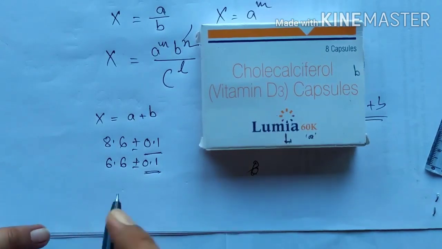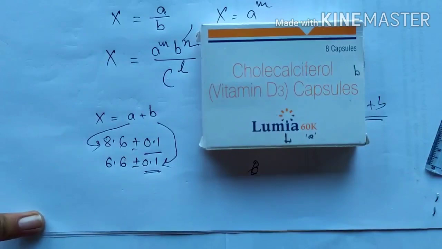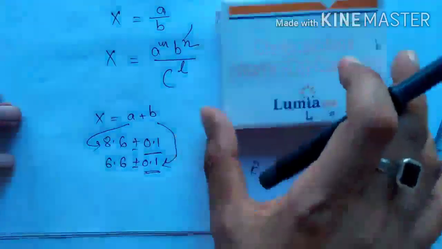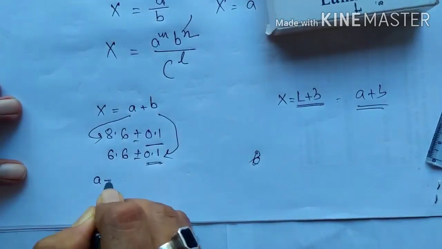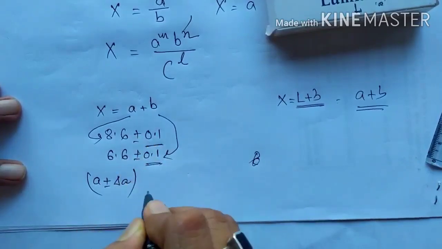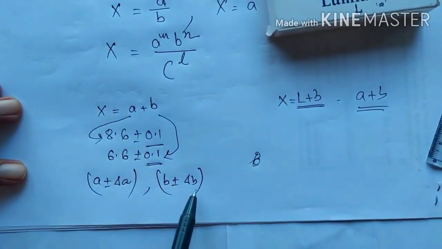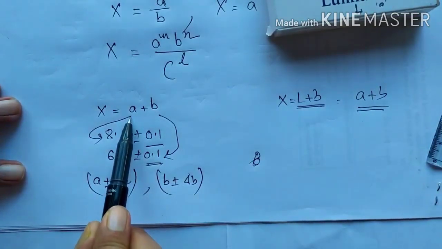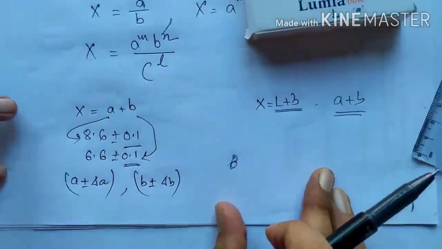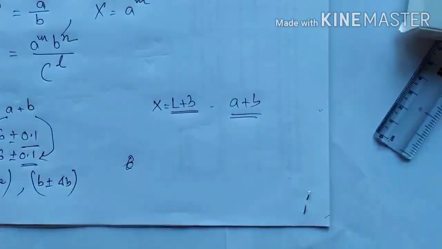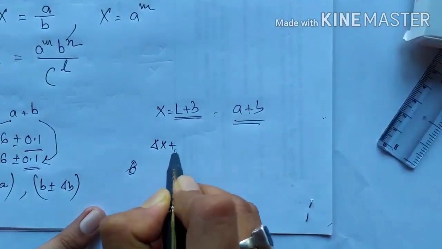So I think I can write the quantity. I can say that A is nothing but this one, B is nothing but this one. So what I mean is that I can write the expression of A as A plus minus delta A, and I can write B as B plus minus delta B. The true value of B will be B plus minus delta B, and the true value of A will be A plus minus delta A. Then what will be the expression of x?